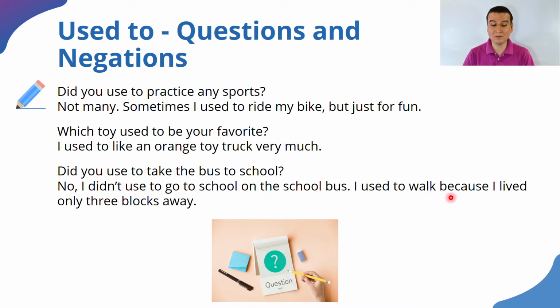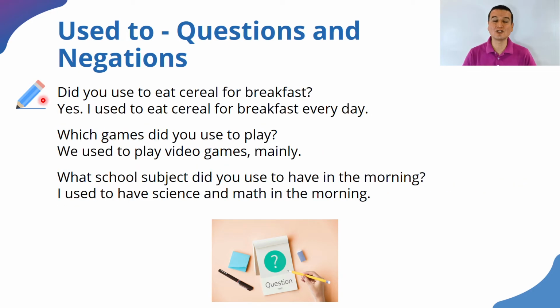I used to walk because I lived only 3 blocks away. All right. That is a good question and answer to finish this activity. Now, what I'm going to ask you is to listen to the pronunciation of the questions and answers by the native speakers, and as you listen, please practice at the same speed and with the same pronunciation that they are using. Okay? Listen and practice, please.